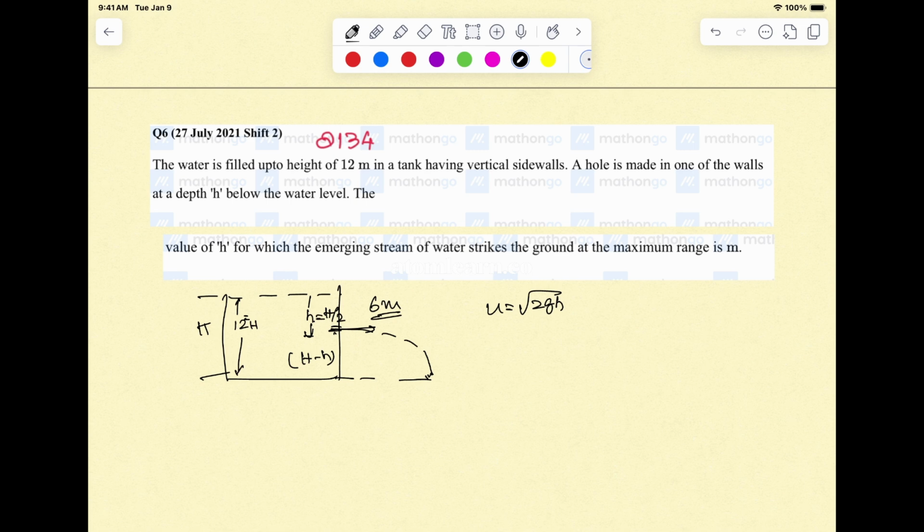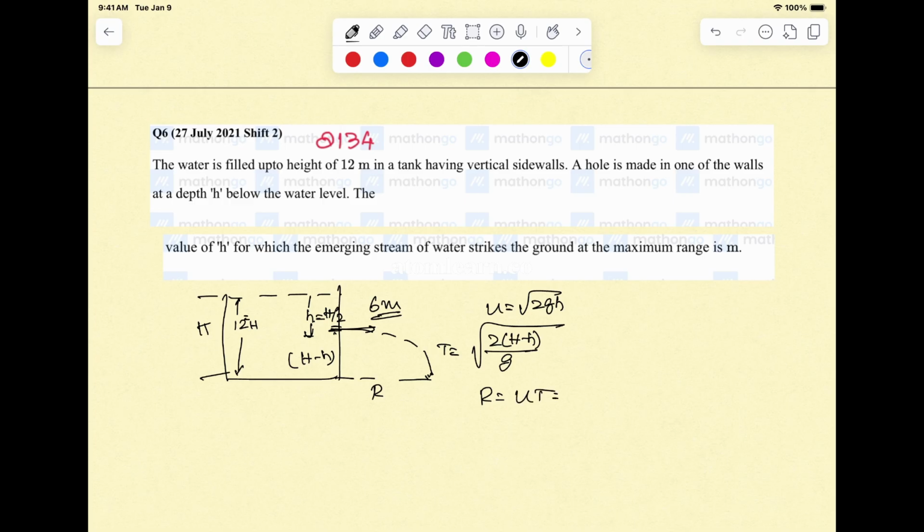This is the efflux velocity u. Now we want the time of fall for the horizontal projectile, root of 2 into H minus h from the ground divided by g is the time of fall. Therefore, the range R on the ground is equal to u into t.